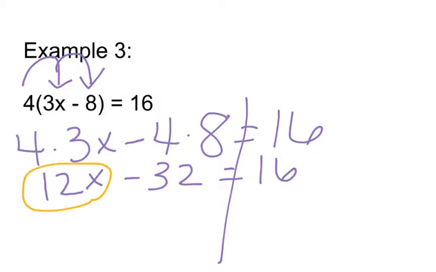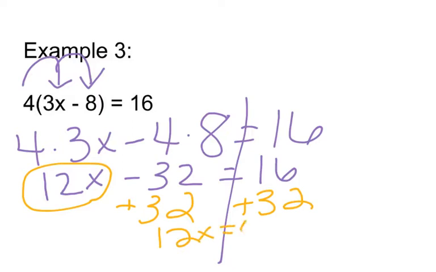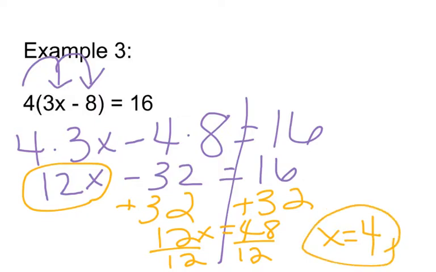This term has the x in it. Isolate that. 12x is equal to 48. Divide both sides by 12, and your x is equal to 4. So the value of x is 4. That will make the equation true.